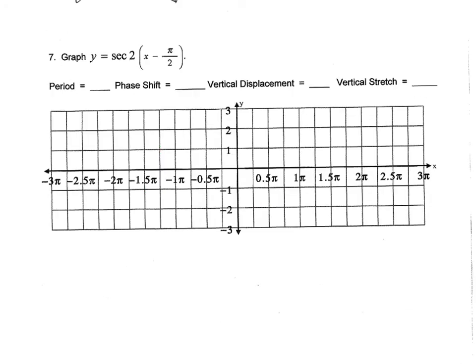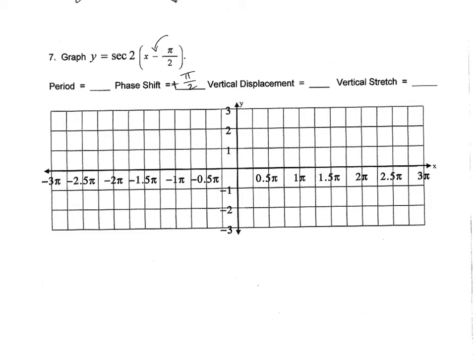Number 7 is where we get a little tricky because now we have a phase shift, and I know that that makes it a little bit more difficult for us to think about where all of our points go. Okay, so our phase shift is pi over 2, and remember our transformation is minus c, so since this is a negative, this is a positive, so I am moving to the right.